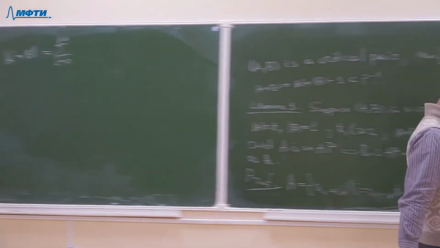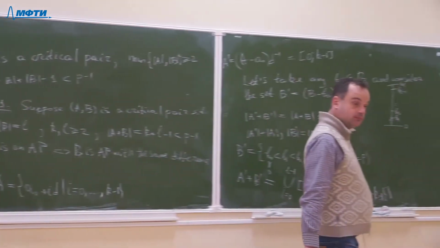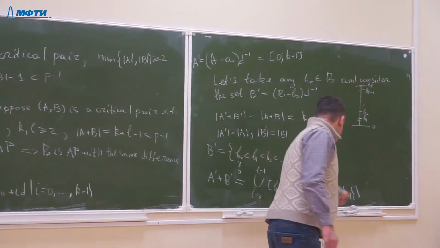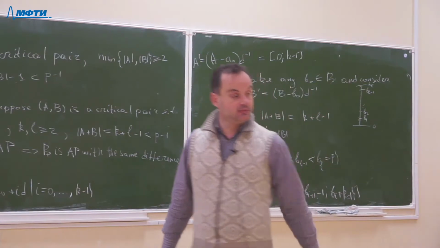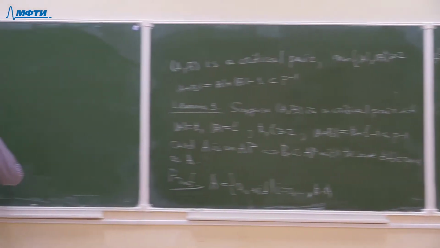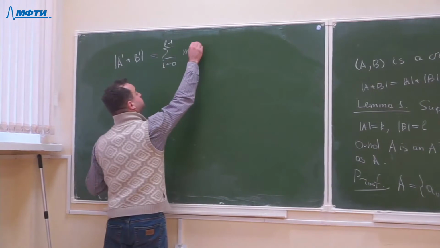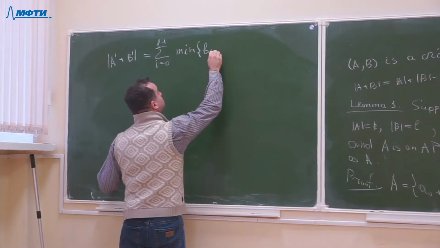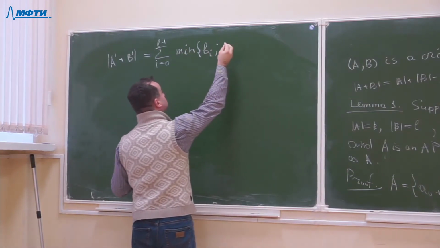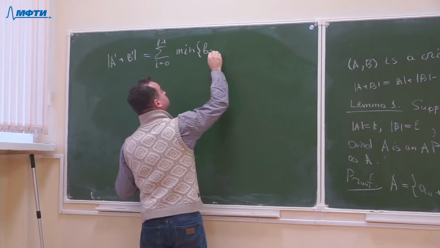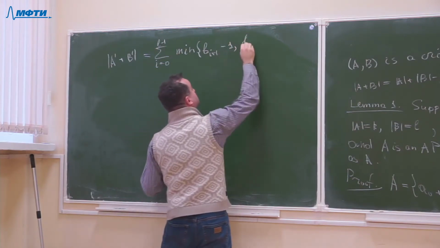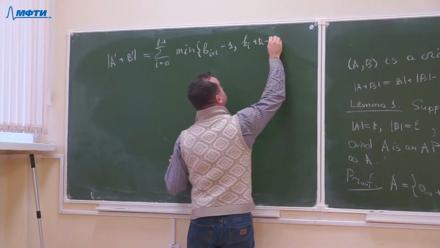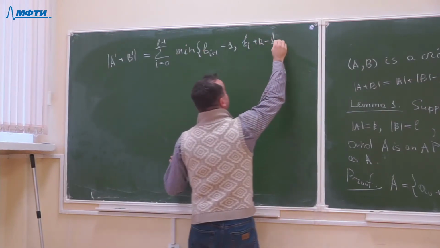Well, this is the length of this interval. What is this? This is this part minus 1, right? Minimum between Bi plus 1 minus 1 and Bi plus k minus 1.